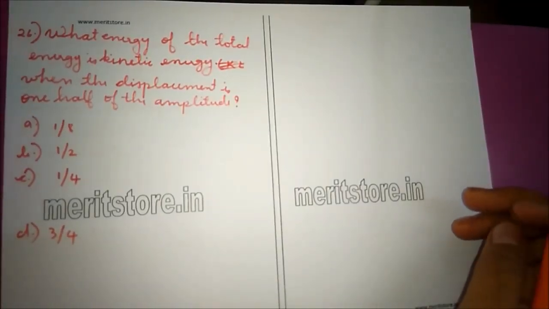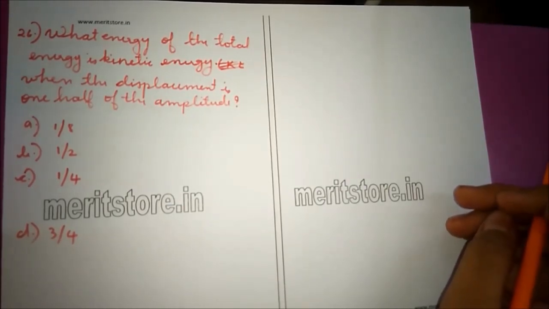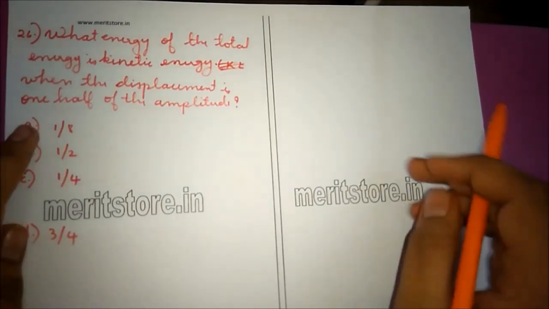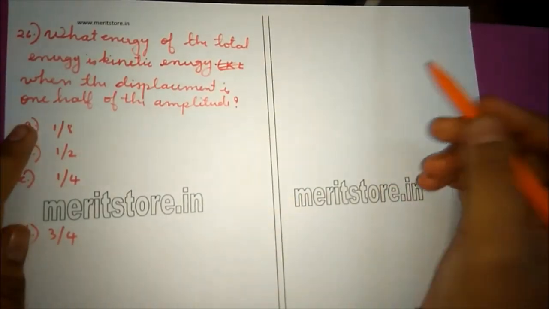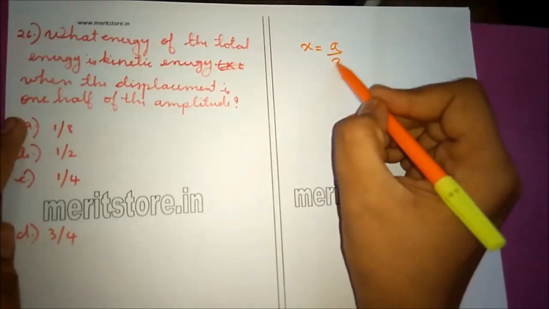Question 26. What fraction of the total energy is kinetic energy when the displacement is 1/2 of the amplitude? Now to solve this question, we know that x is equal to a by 2.